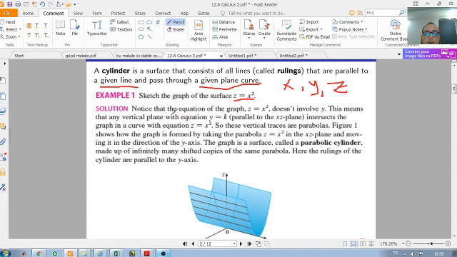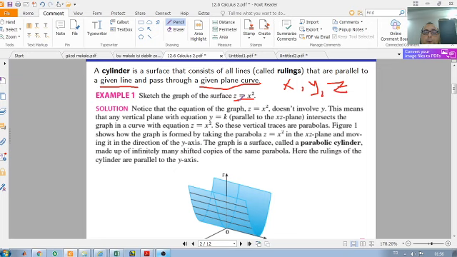We notice that the equation of the surface z is equal to x squared does not involve the variable y. We don't have the variable y in the three-dimensional coordinate system for this equation.